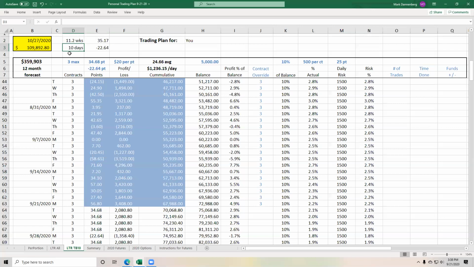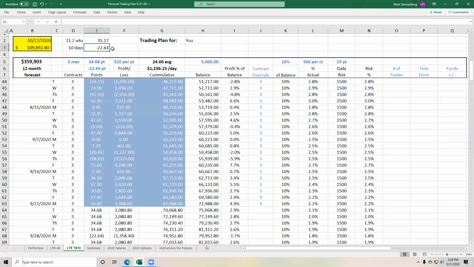So we're actually slightly favorable. If we had a losing day this week, we'd be right on plan to our 11 weeks, but slightly favorable. So there's no reason for us to interfere with that number. Actually, these numbers will take into account if there's a negative variance here on the frequency, so that we have a realistic forecast.